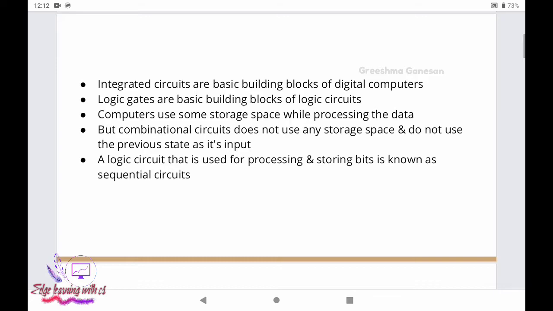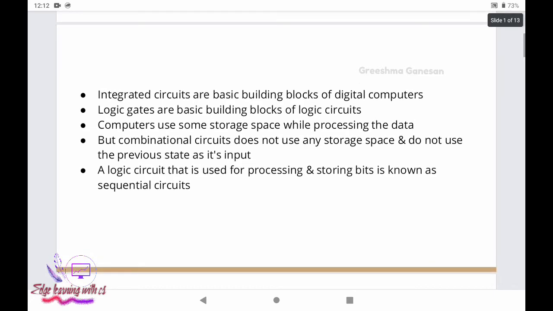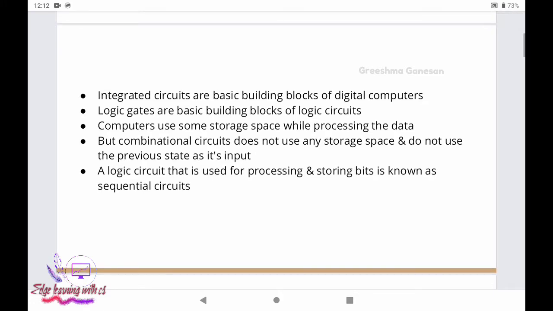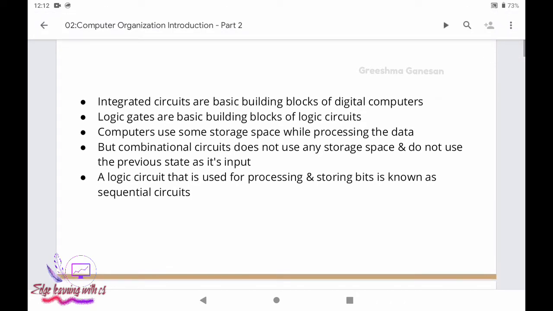Then computers use some storage space while processing data. If you are processing data inside your system, it may be any kind of media, any kind of coding, anything, then we need some kind of storage space. But a combinational circuit does not use any storage space, as we have already covered in the previous chapter.